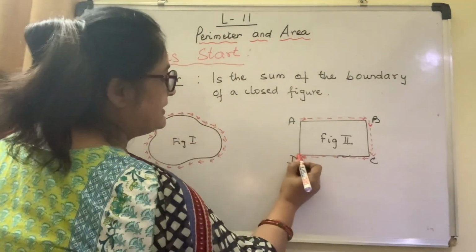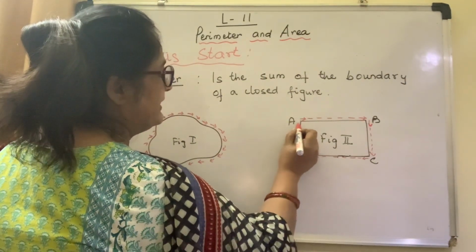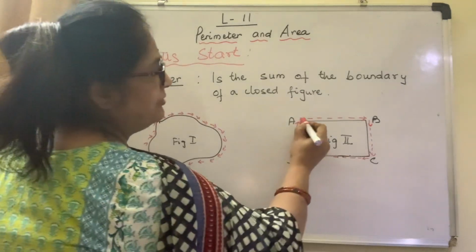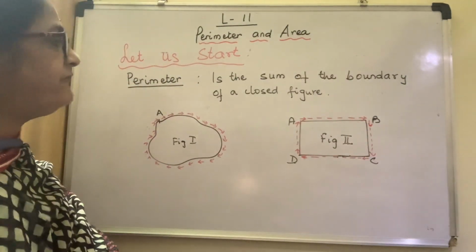So from D we move upwards reaching A. So here also I have gone right around the figure.